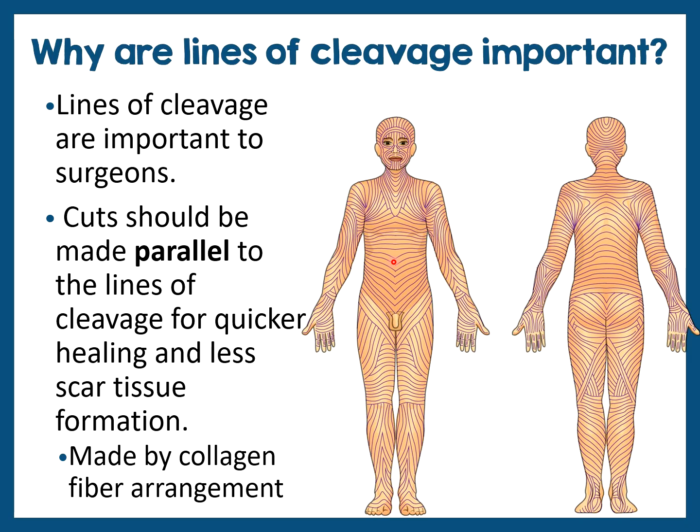So that's the same way that these lines of cleavage should be cut. The cuts should be made parallel with the lines of cleavage so that the healing happens faster and those fibroblasts can put down new fibers and new ground substance versus scar tissue. Scar tissue is a different type of tissue than the collagen and the elastin fibers put down by fibroblasts.